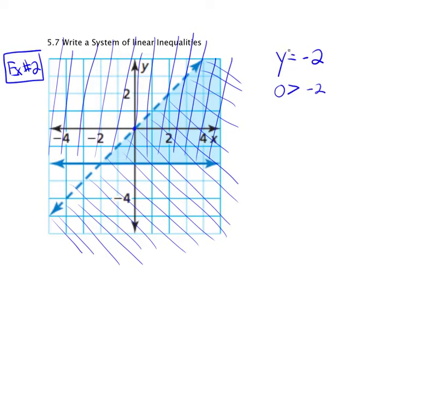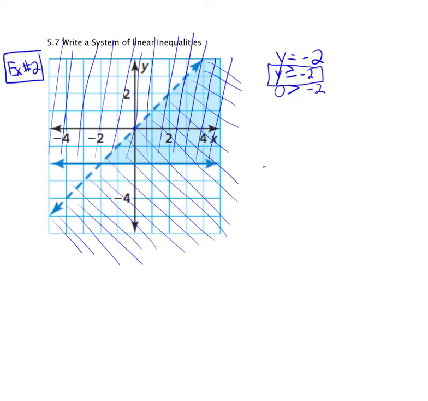And so I'm going to bring that up here to my, oh, I forgot to rewrite it, to -2 is greater than our -2. Now it's this horizontal line, so it is a solid line, so I will include that equals for this one. And that is my first equation.